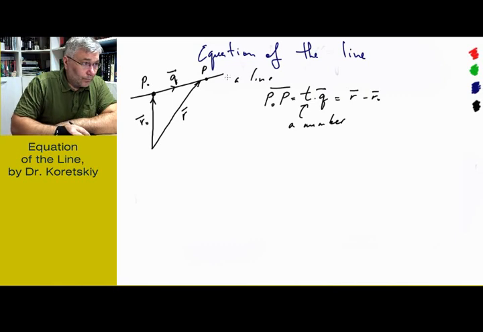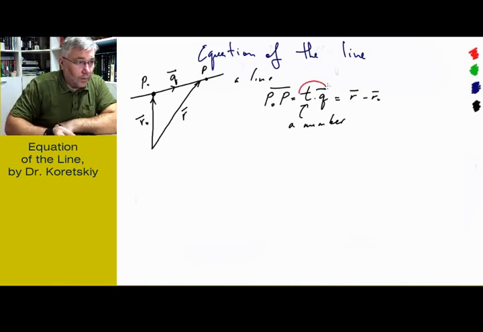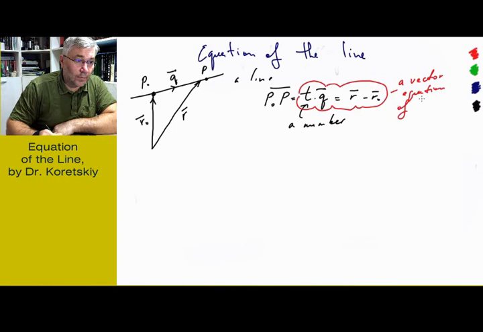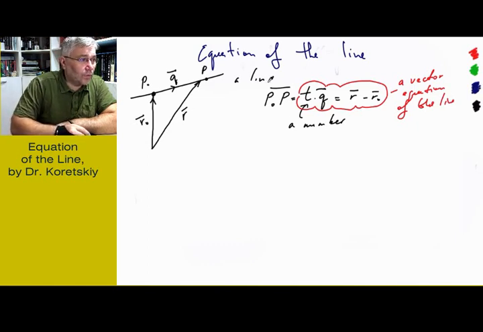So this way to define the straight line which goes through the point P0 and has directing vector q is known as a vector equation of the line.